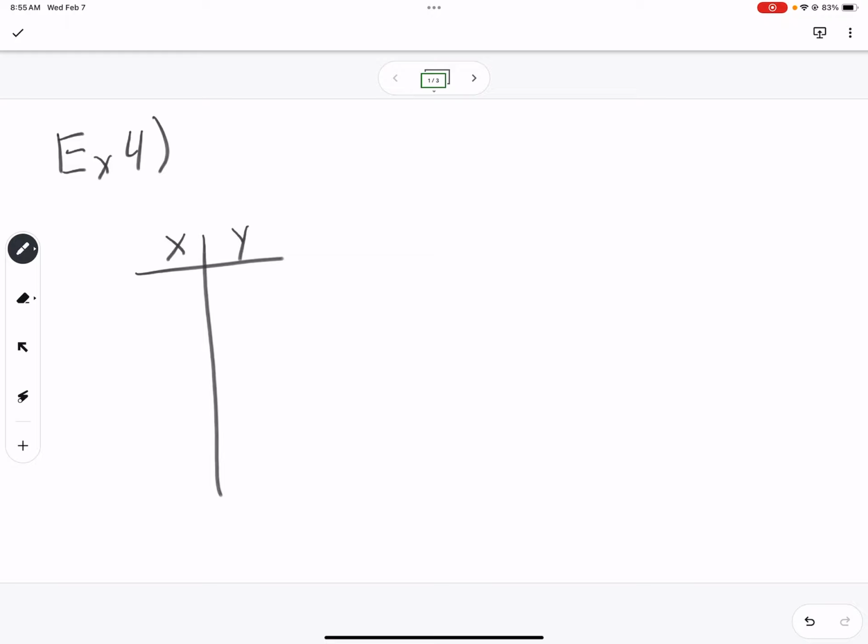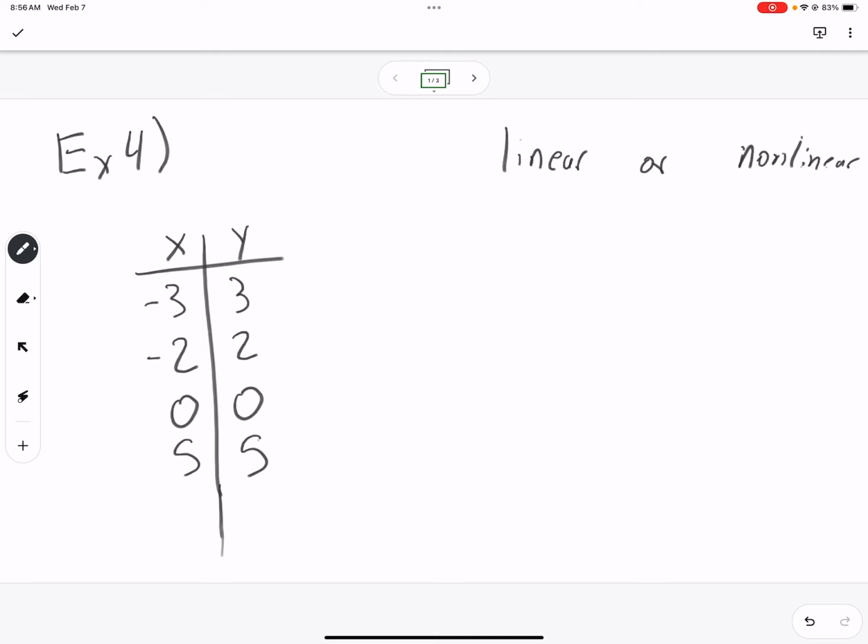Here is another example, and you have to figure out whether it's linear or nonlinear. Let me think of the points. It's going to be -3, 3, -2, 2, 0, 0, 5, 5, and then 7, 7.